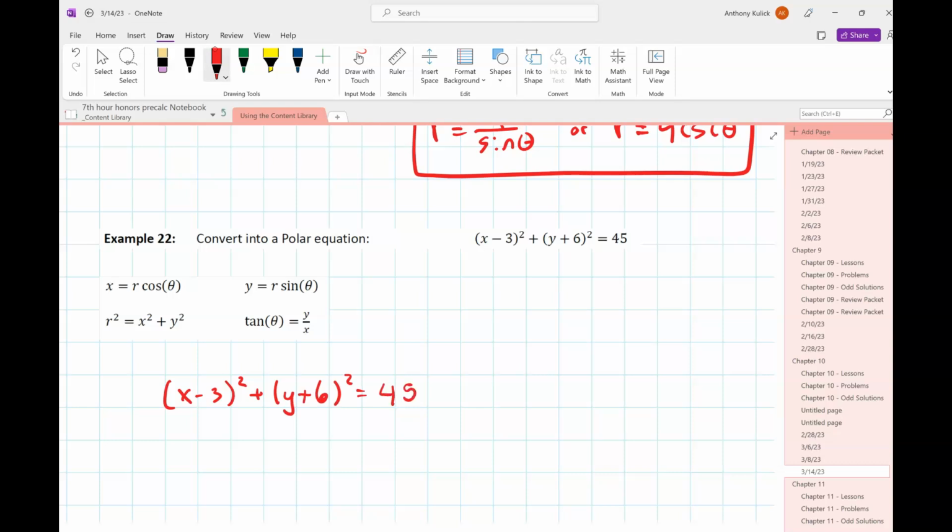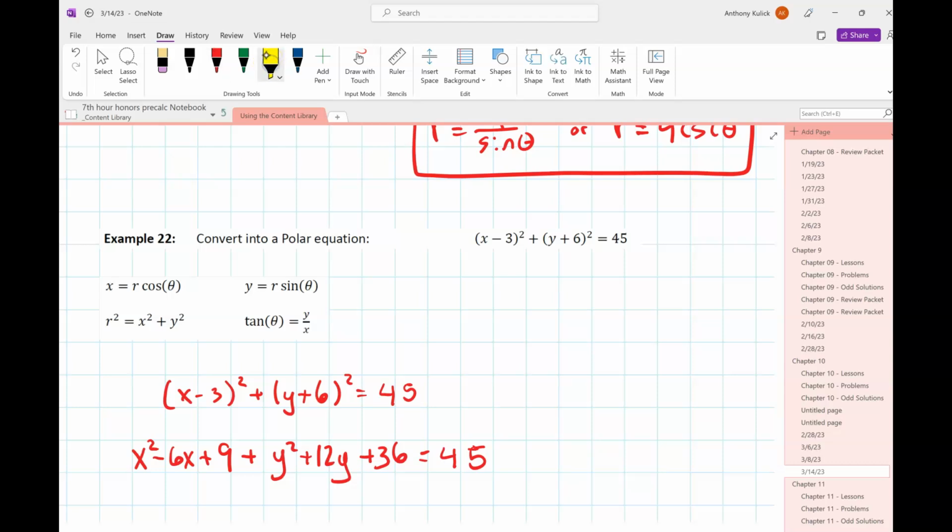Yeah, so remember each of these can FOIL out. So what's x minus 3 squared when we FOIL that out? Good. So again, just remember we've got to make sure we FOIL that. We're not just distributing exponents, right? Distributing exponents, very, very bad. FOILing, very good.